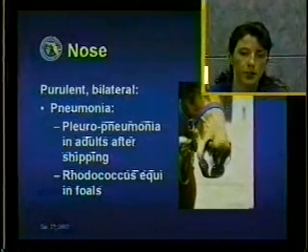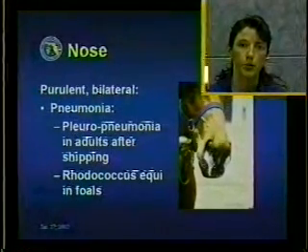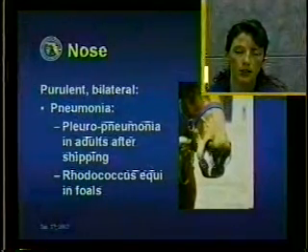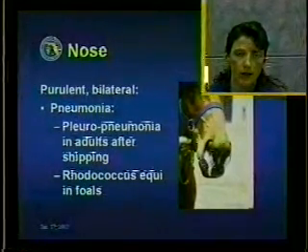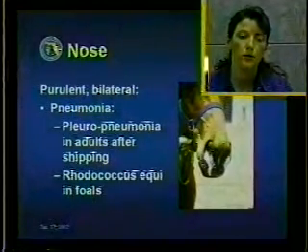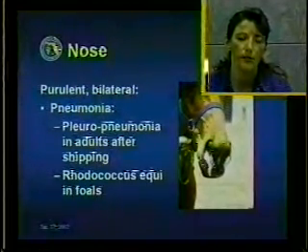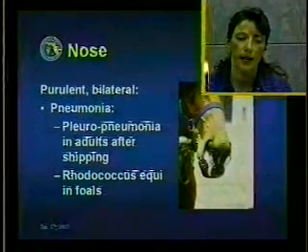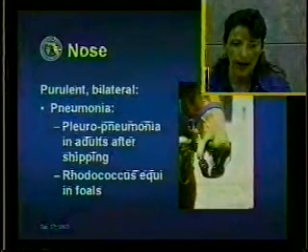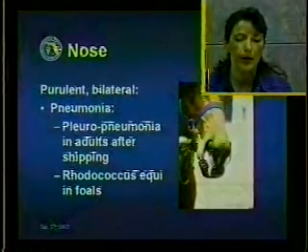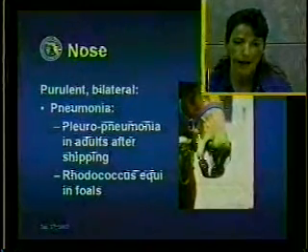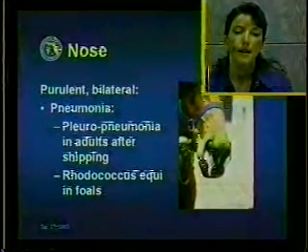In adult horses, we see a type of pneumonia that is caused by a mixed population of bacteria. And this is a fairly common event after long-distance shipping, where horses are exposed to a combination of factors. First of all, they have their head tied up, so they can't really get rid of a lot of the allergens or particles that they inhale, like they would if they could blow their head down, blow their nose in a sense.